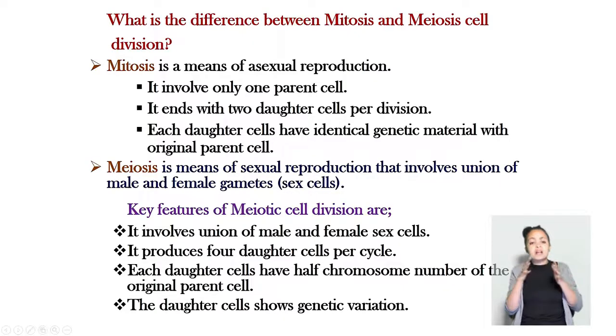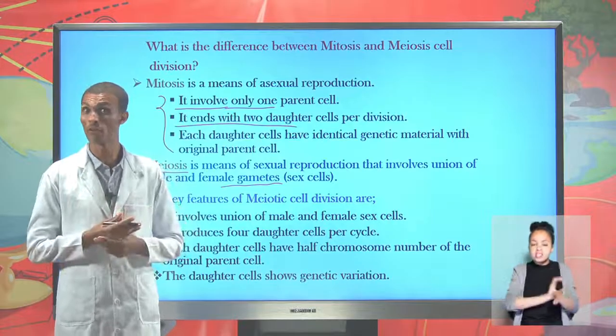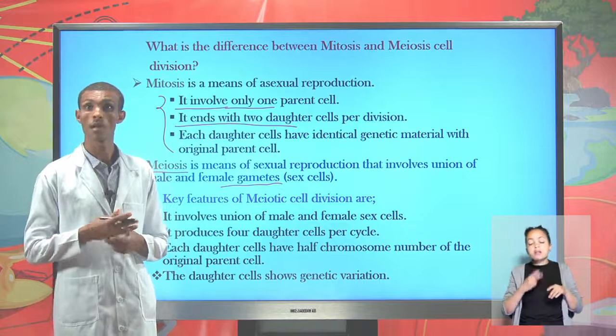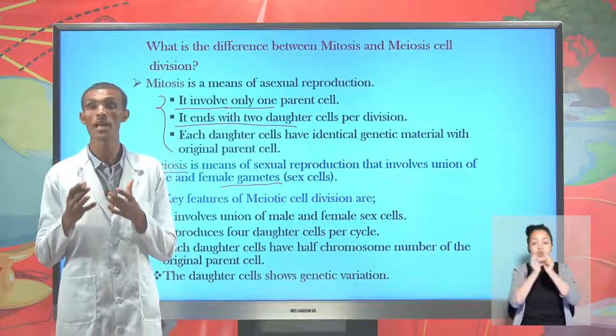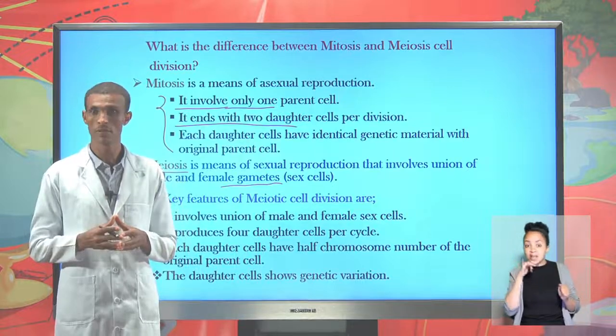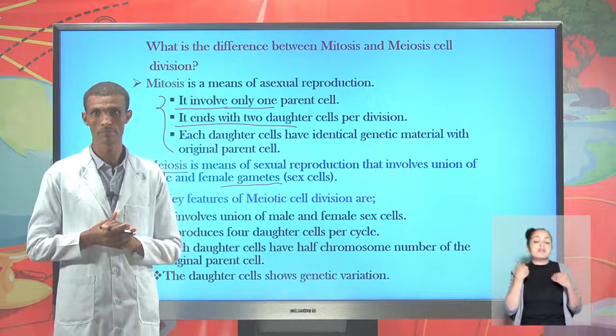The key features of meiotic cell division that differentiate it from mitotic cell division are the following: meiosis involves the union of male and female gametes, and it is mandatory for two parents to be present.